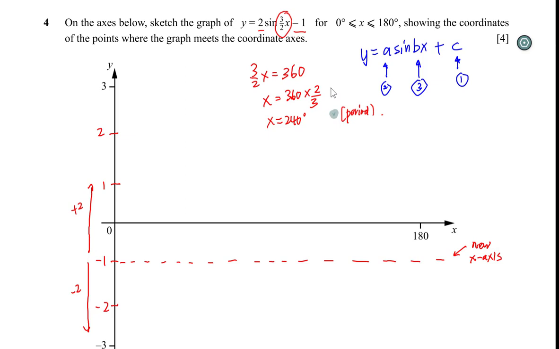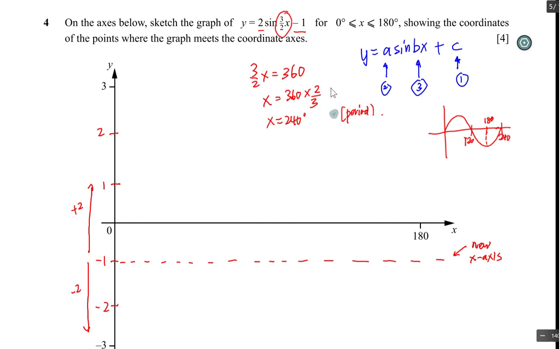So you need to imagine like this. We don't care about a and c first. We just do 240. Sine graph of 240 will be something like this. So here will be 240, here will be 120 because it's half of it. So 180 is just nicely in the middle here.